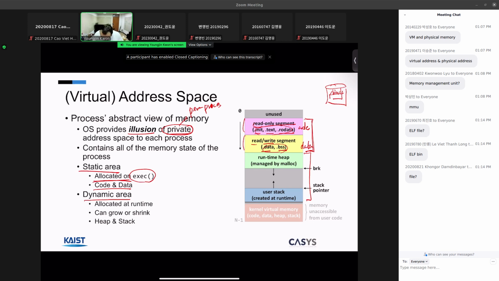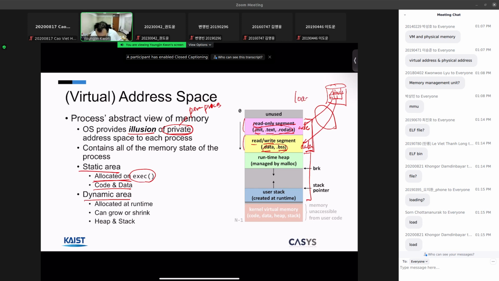The code and data sections come from this binary. The process of reading this binary data into memory, we name this kind of special operation. What is the name of it? The process of reading code and data into memory is called loading.